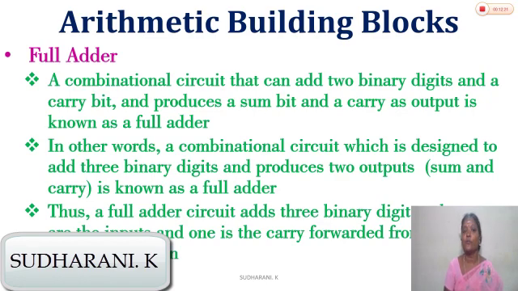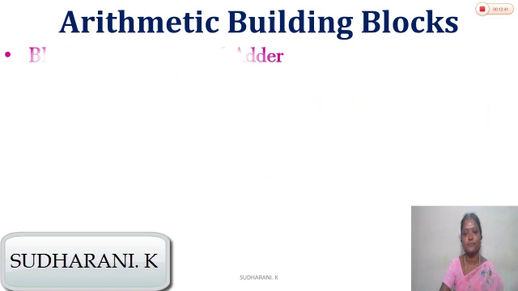Thus, a full adder circuit adds 3 binary digits where 2 are the inputs and 1 is the carry forwarded from the previous addition, and it produces 2 outputs, say sum and a carry.